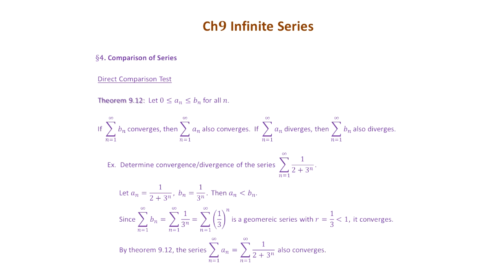That's another method. And there are two versions of this comparison method. The first version is called the direct comparison test. So you need two series, an and bn, and both series are positive or zero sometimes.